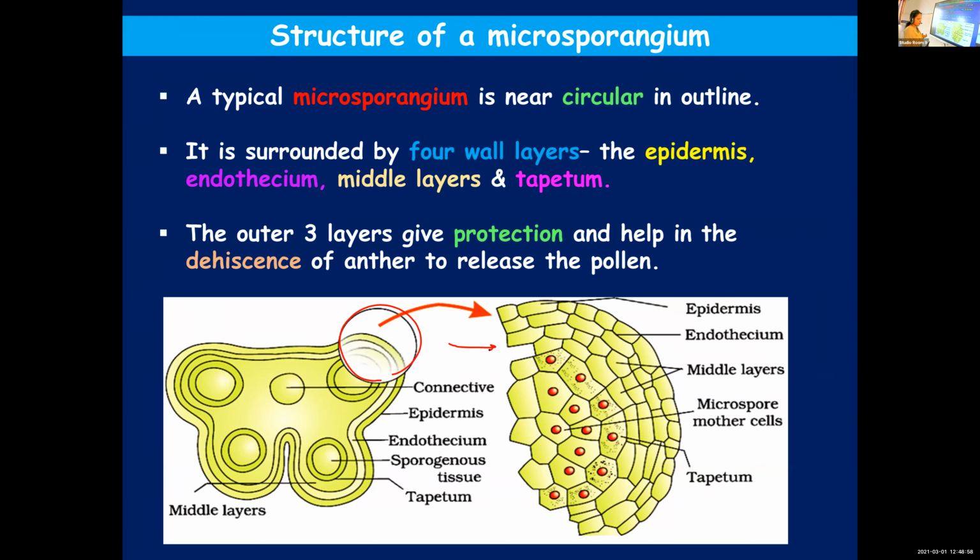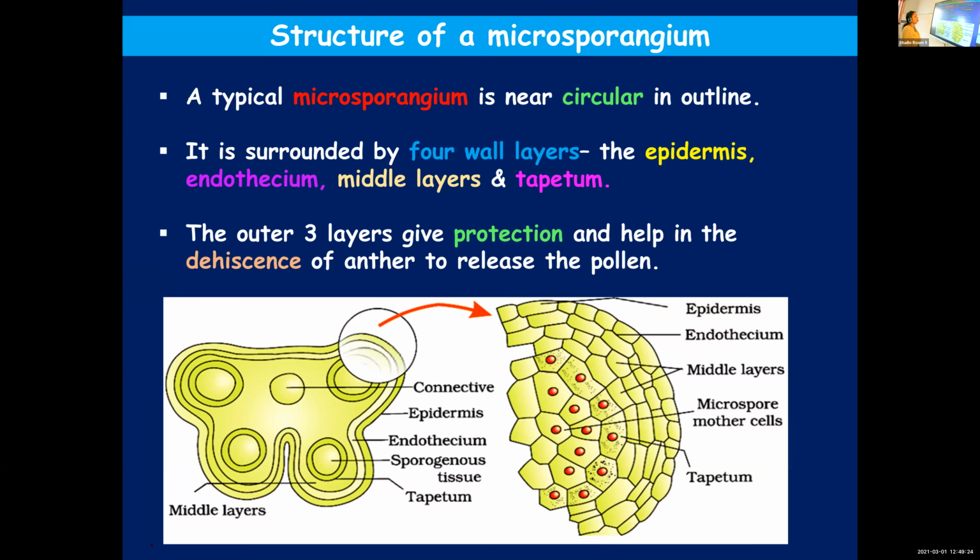Once this diagram was asked, they had given A, B, C, and you were asked to label it and give the function of the part labeled as C. So it's a very important topic. Repeatedly, questions are asked from this part.